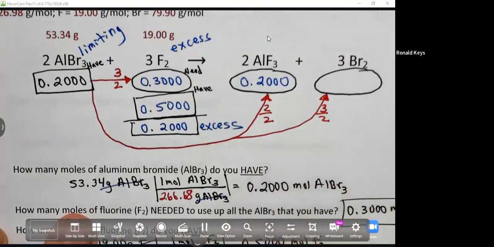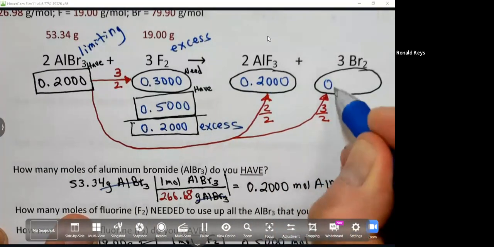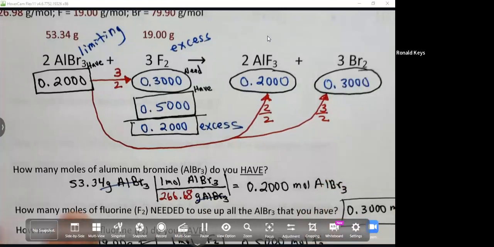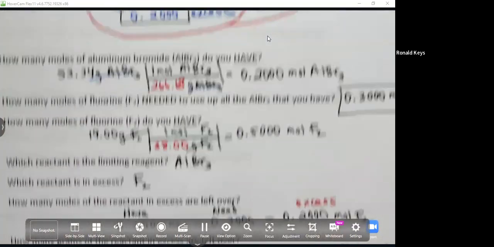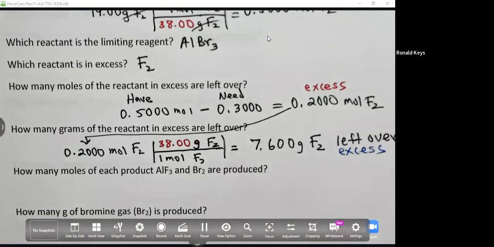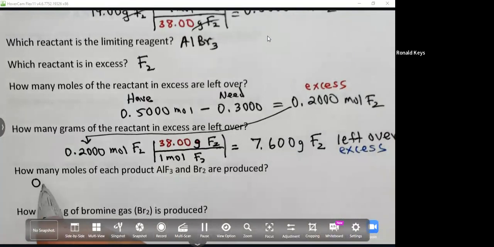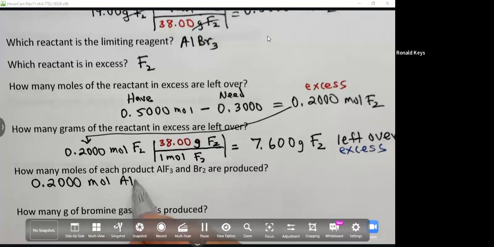Three over two is going to get me 0.3000. Okay, so let me write this down here. So we're going to finish calculating down here. So we've got 0.2000 mole of aluminum fluoride and 0.300.